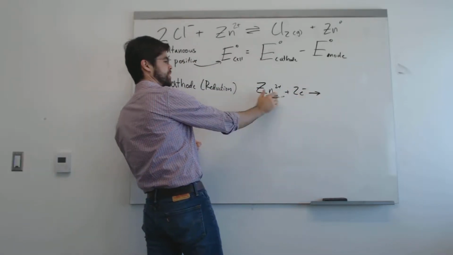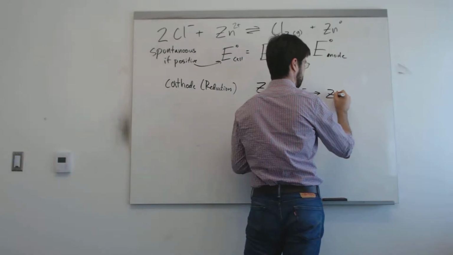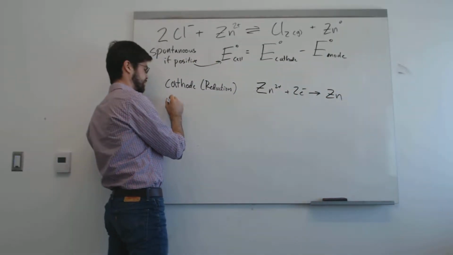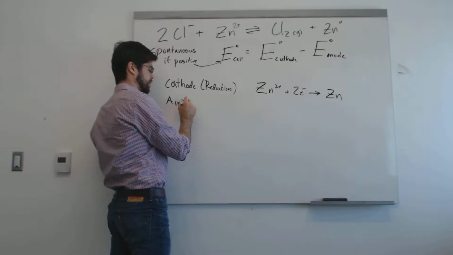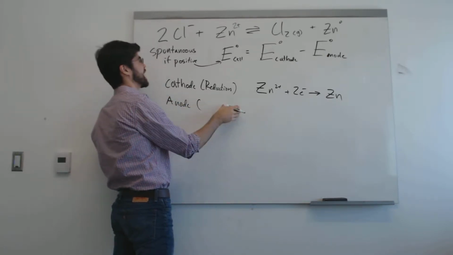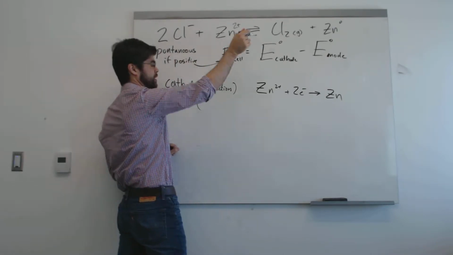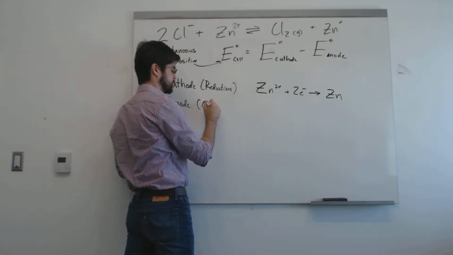Again, it's undergoing reduction, that's the cathode, going to zinc, which means that by contrast, the anode must be the reaction of chloride going to chlorine.